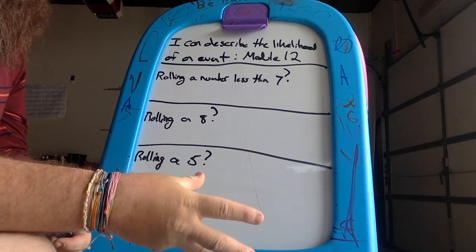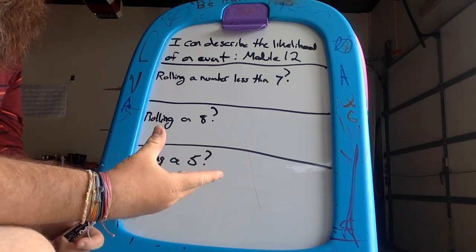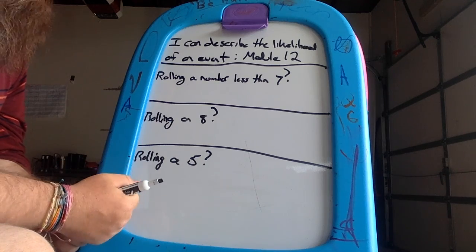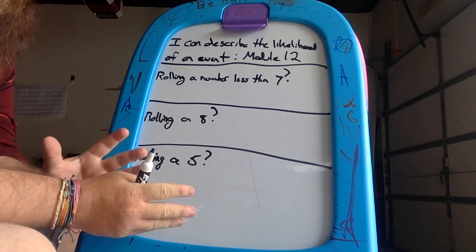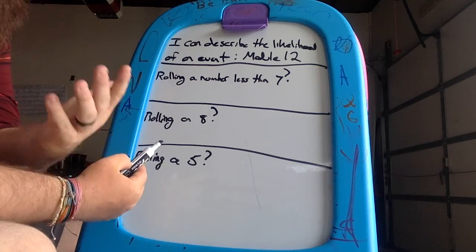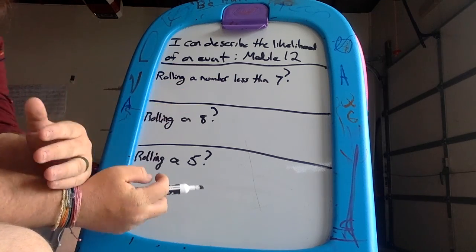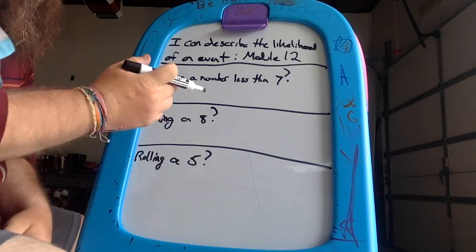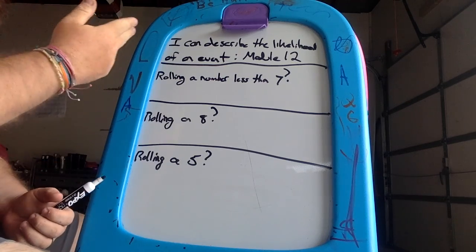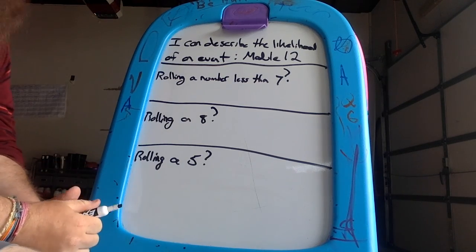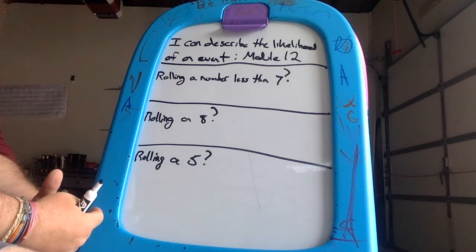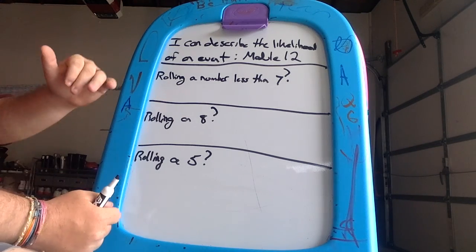But with candy, or if you're playing a board game with your friends or family, you're trying to strategize: if I need to roll a 5, I can win, or if I need to get a 2, then. There are all different things we're going to look at, but I just want to give you the basic overview first about the I can describe the likelihood of an event.